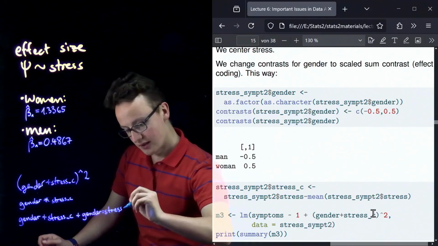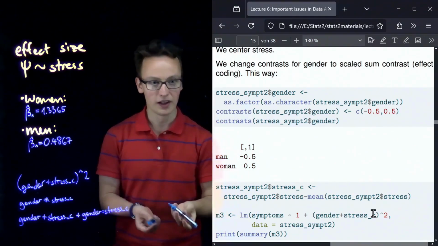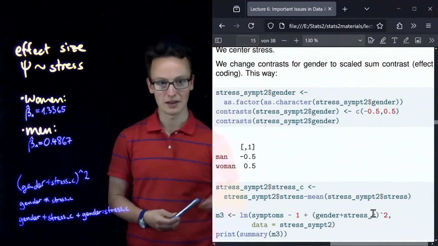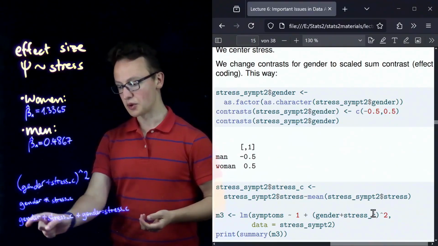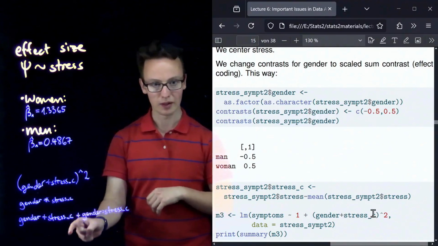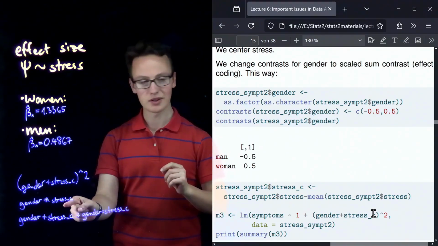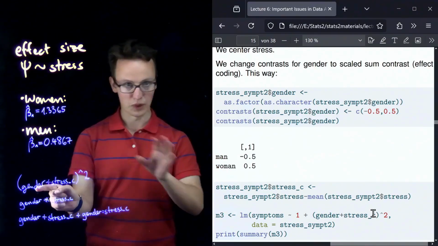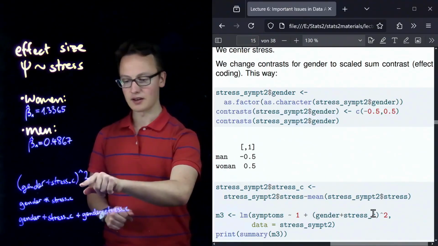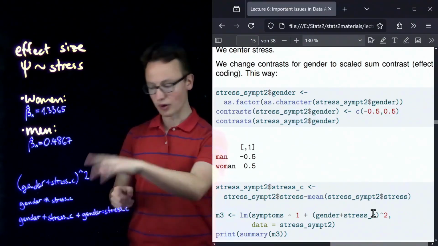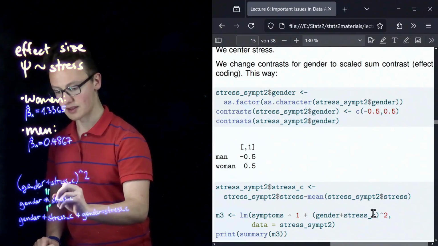Okay, so this right here, gender colon stress, is the pure notation in this lmer syntax for writing the interaction, and this and that would be the main effects. And to abbreviate writing main effect A plus main effect B plus interaction A colon B, I could write either A asterisk B, or, when I'm specifically talking about two-way interactions, A plus B in brackets, and then the power symbol, and then 2, right? All of these are basically doing the same thing.